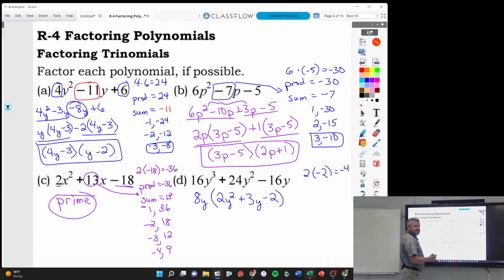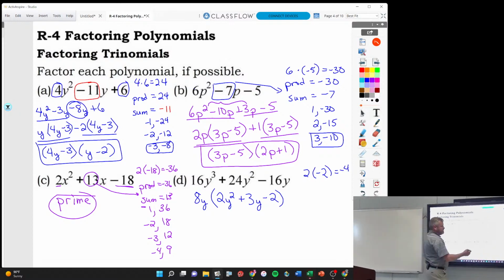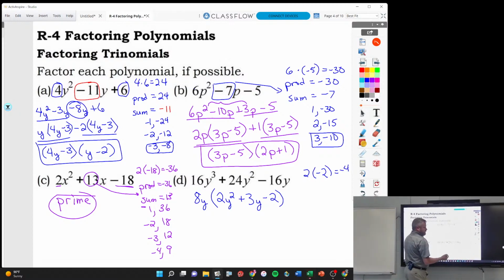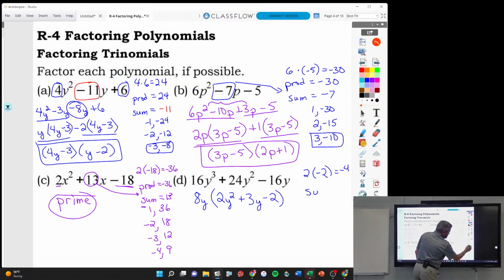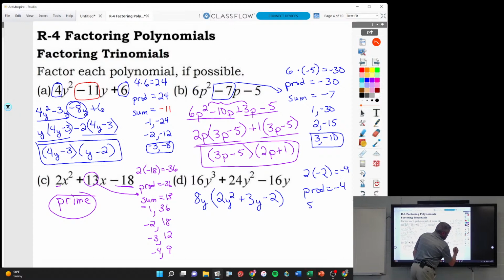So is it possible to multiply two numbers together and get a negative 4, but when I add them together, let me rewrite this. Okay, so I want a product of negative 4, but when I add them together, a sum, I want a sum of the middle one.